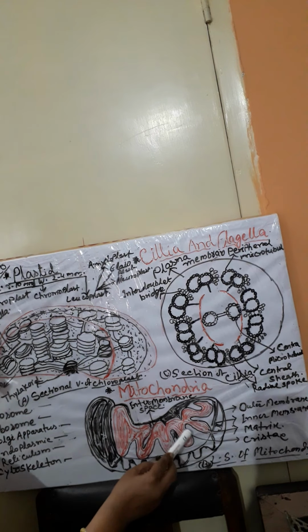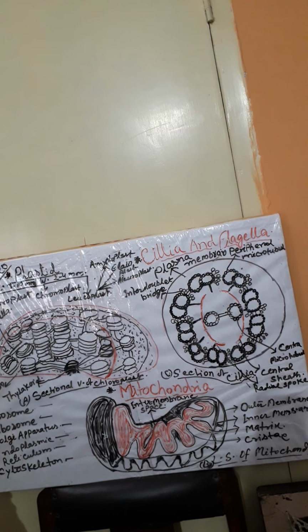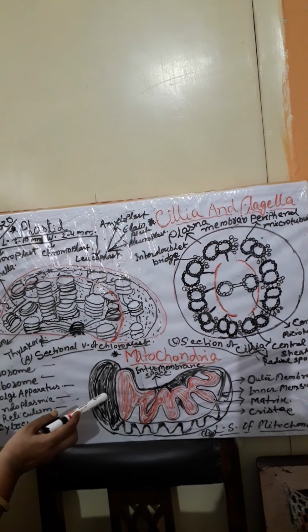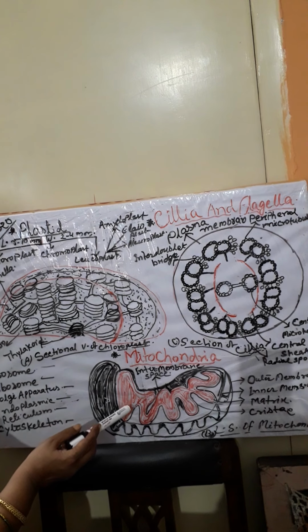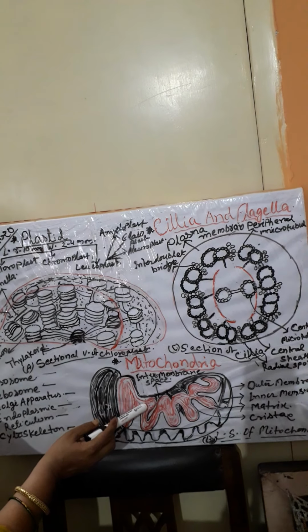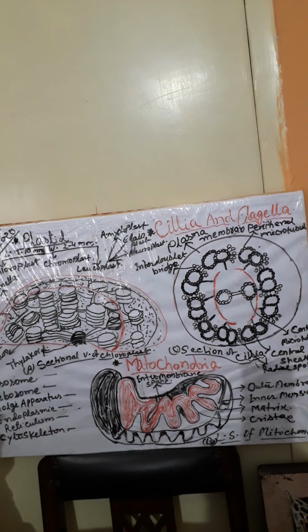So this is the cristae of the mitochondria, and a single one is a crista. Towards the matrix, the cristae increase the surface area of the mitochondria. The two membranes have their own specific enzymes associated with the mitochondrial functions.